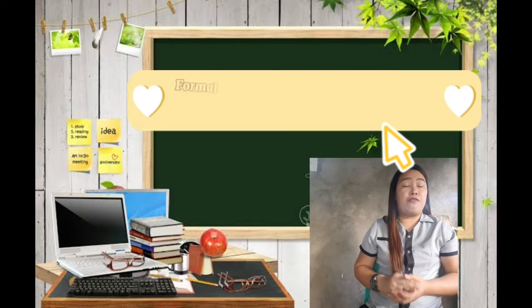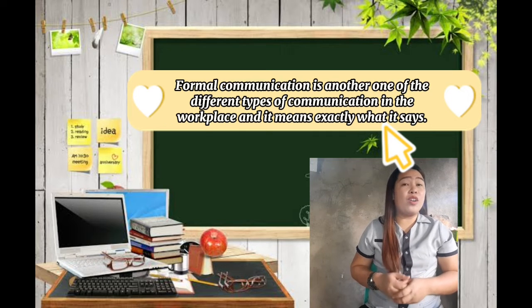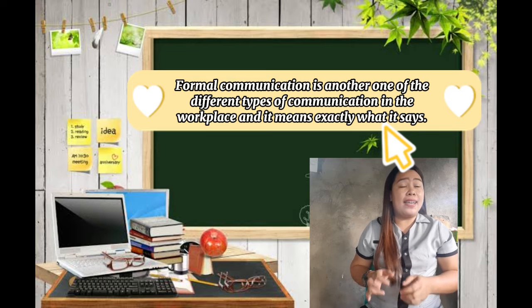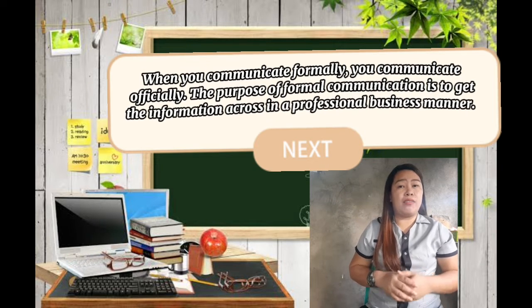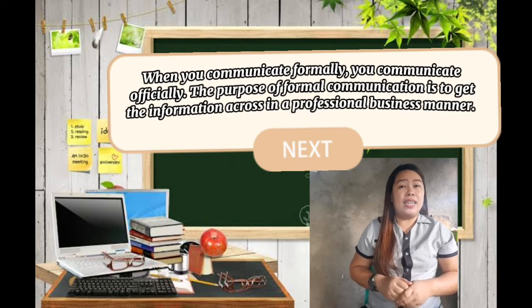Number 3, formal communication. Formal communication is another one of the different types of communication in the workplace, and it means exactly what it says. When you communicate formally, you communicate officially. The purpose of formal communication is to get the information across in a professional business manner.